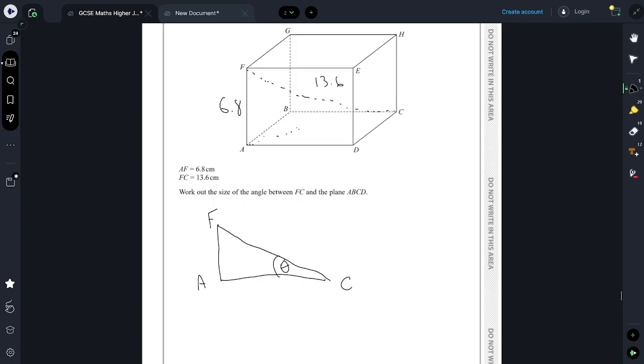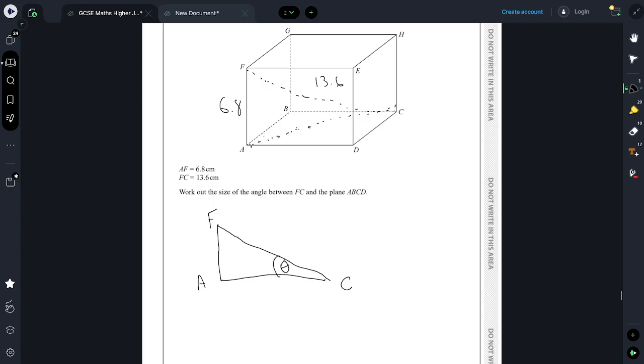So this angle theta between F and C. But the way you work out this triangle here, look here. So the length here, and then this is one here. This is a line, and that's a diagonal. That would be like the adjacent, and that's the opposite. It really is hard to explain 3D.